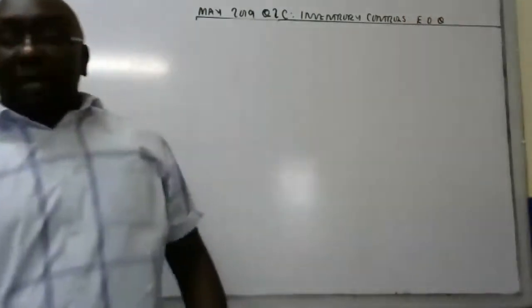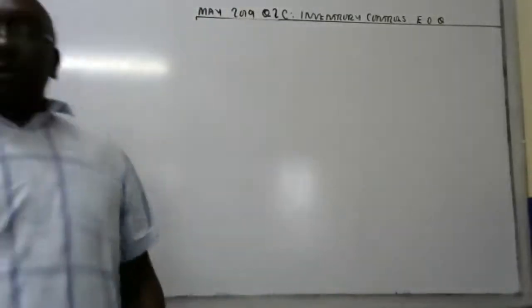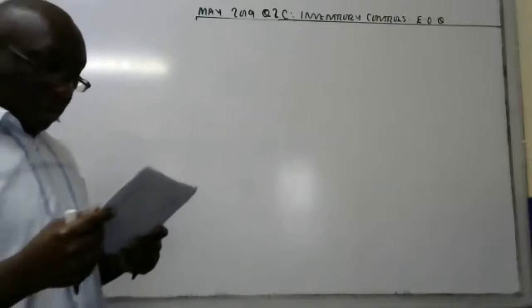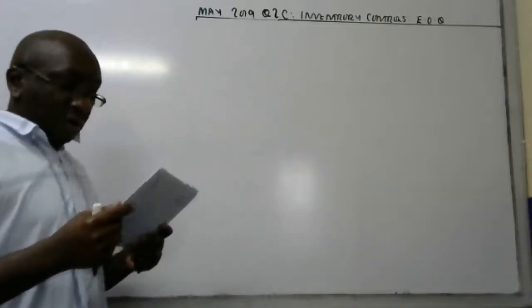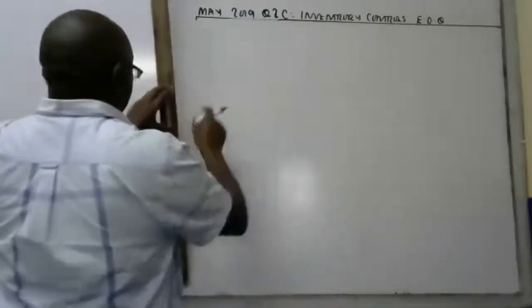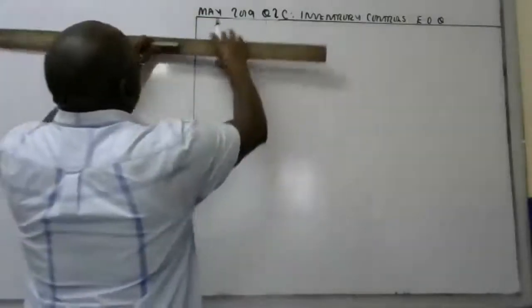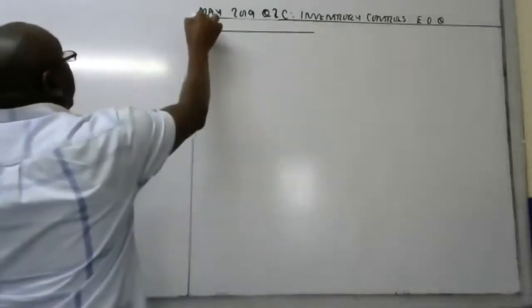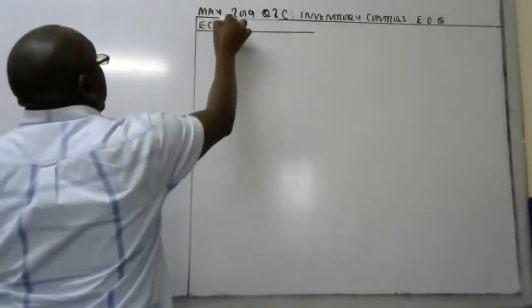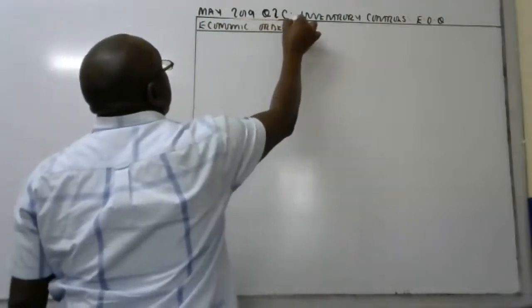Inventory is the other word for material costs. So we are told to get the total annual. So the first thing is to get economic order quantity.